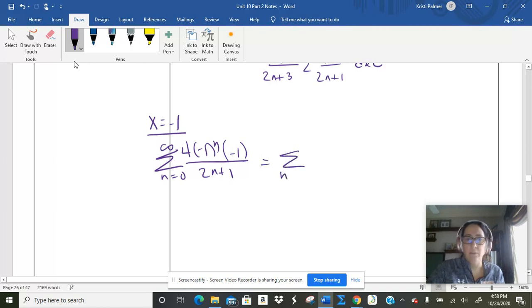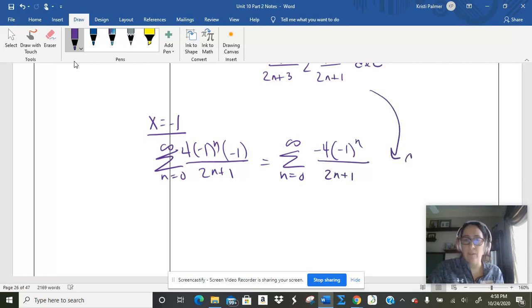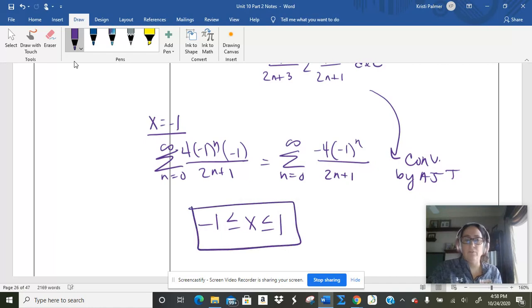So this is almost exactly the same thing as what we saw before, except it's a negative. So it's going to do the same thing, because the terms decrease in absolute value to 0. So this one actually gets both of them to converge for the integral. Okay?